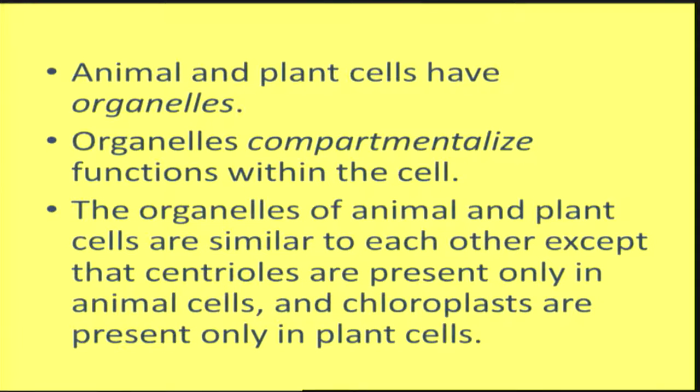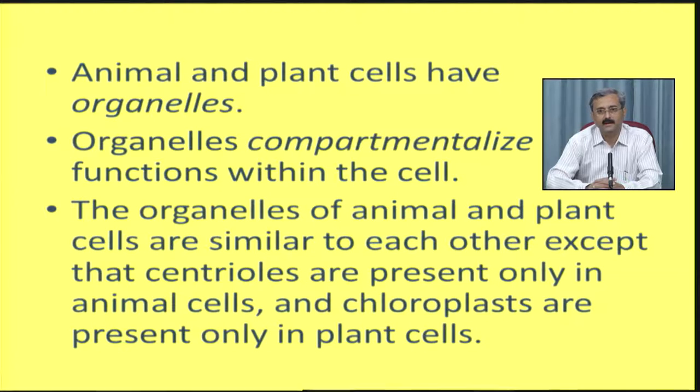These organelles are compartmentalized into various compartments for functions within the cells. Organelles of the animal cell as well as the plant cell are similar to each other, except that centrioles are present only in animal cells, and chloroplasts are present only in plant cells.